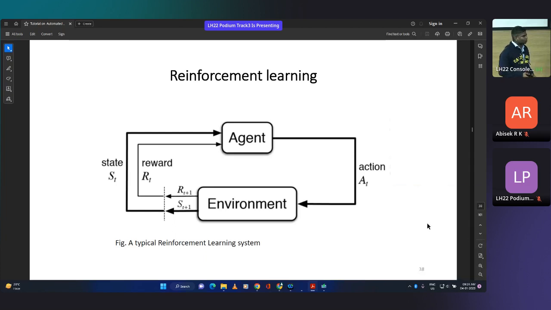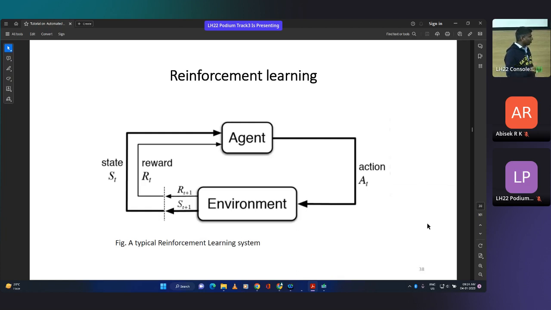What we have done is we have used reinforcement learning. Our agent will interact with the stock market and learn the environment, and based on that our agent will take the decision, meaning it will either buy, sell, or hold the stock. For that, first let me briefly discuss what reinforcement learning is.